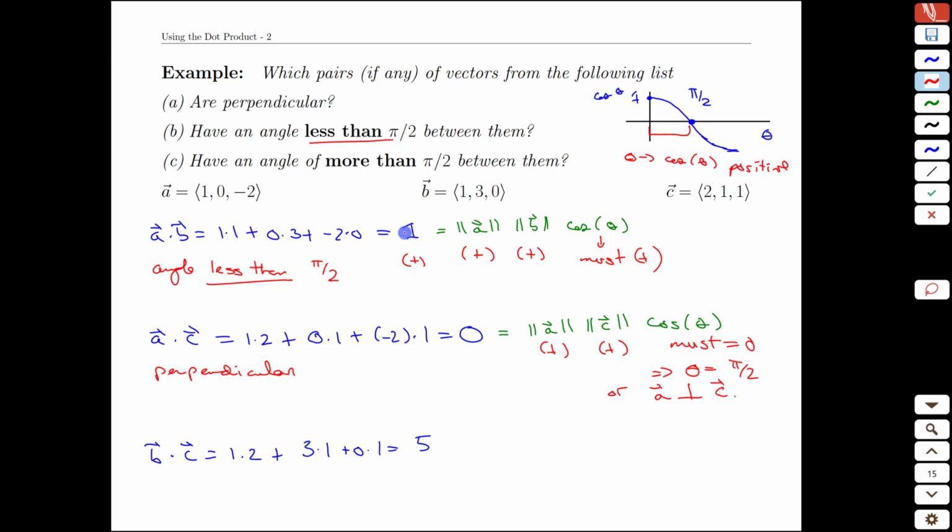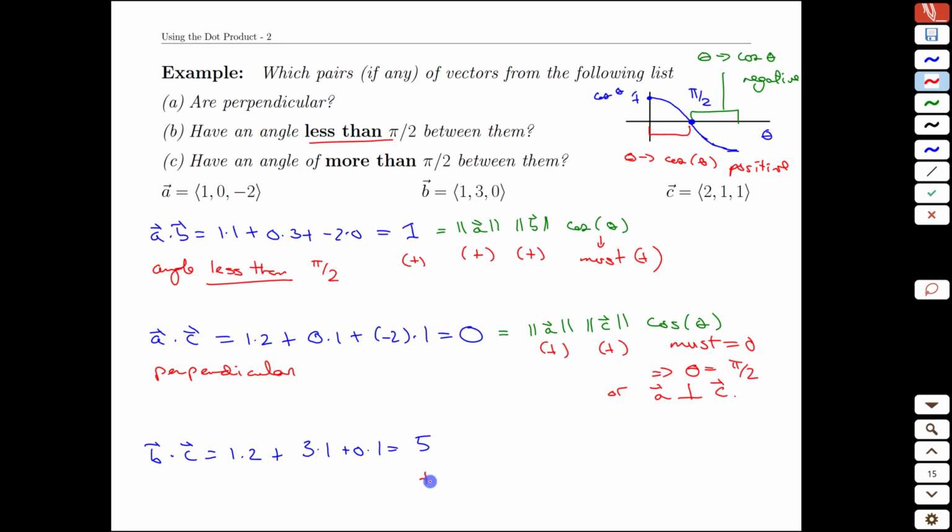If this were negative, then the cos theta would have to be negative, and that would put us into this range of the angle and cos relationship, cos theta negative. So the sign of this dot product will tell us whether we have an angle that's less than or larger than 90 degrees or pi over 2 radians.